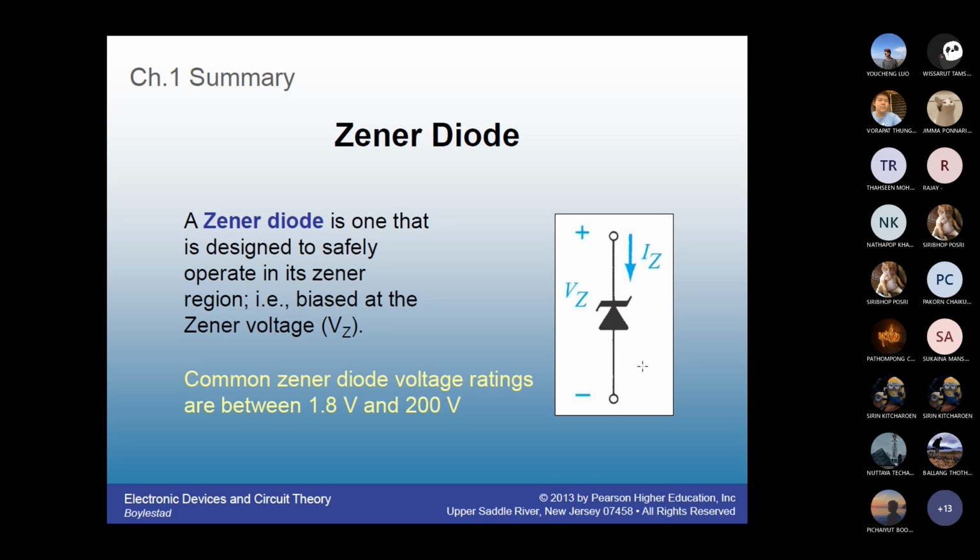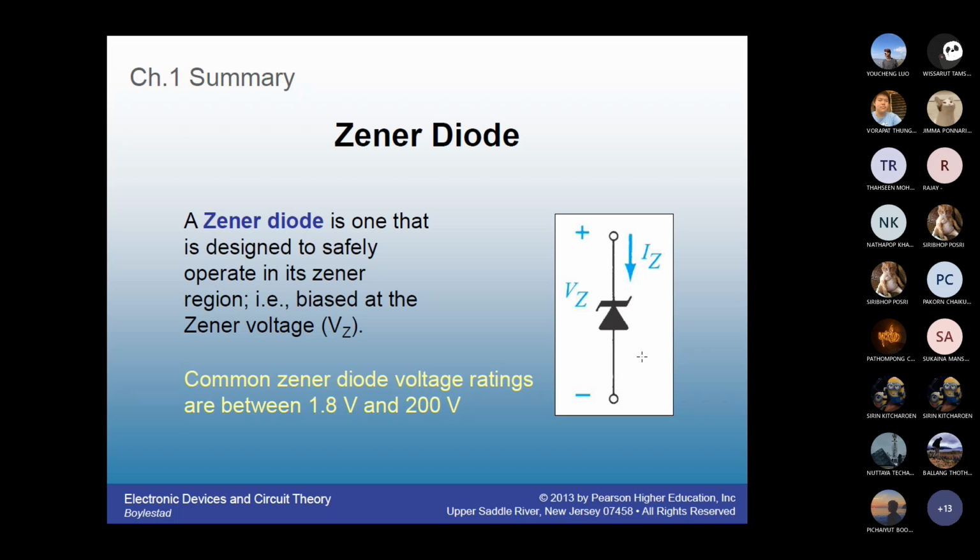Once the diode is operating, if you try to measure the voltage across the diode, it is plus and minus, not minus and plus, even though the cathode is on top and the anode is at the bottom. This is a special case. Once the diode turns on, you still read the voltage as plus minus, but you have to connect in the opposite way. And IZ is the Zener current.